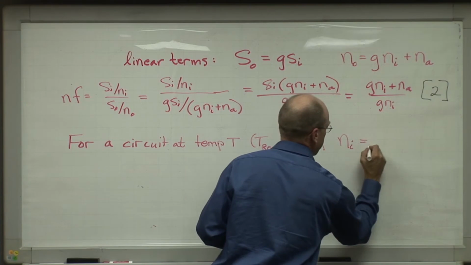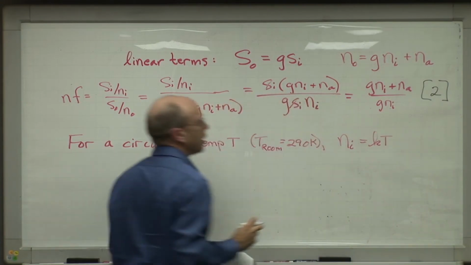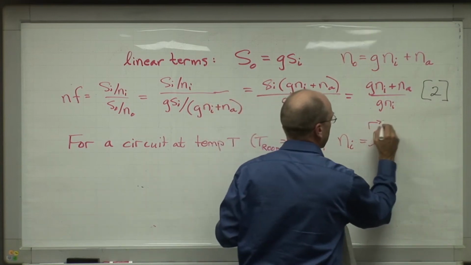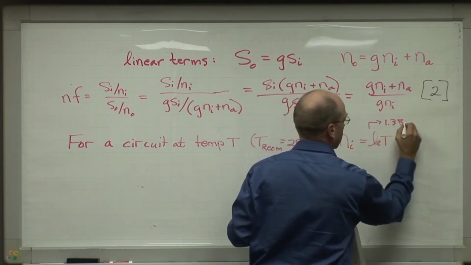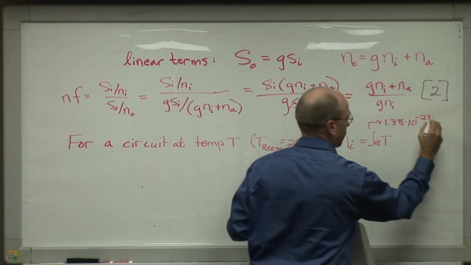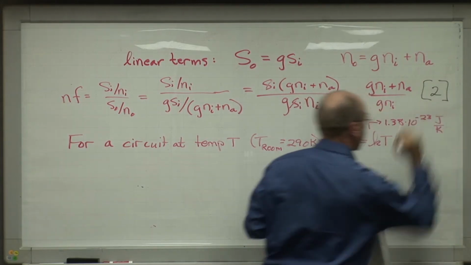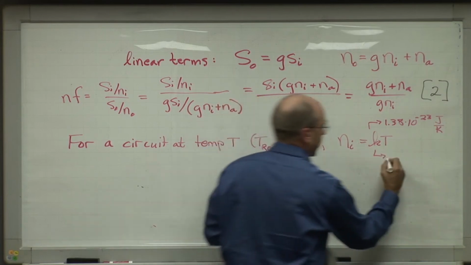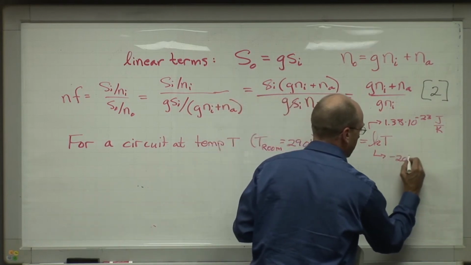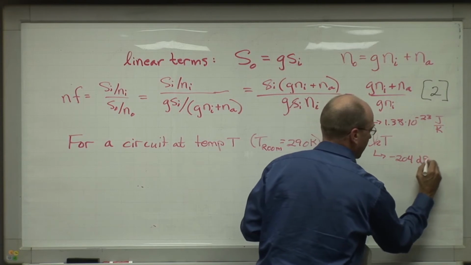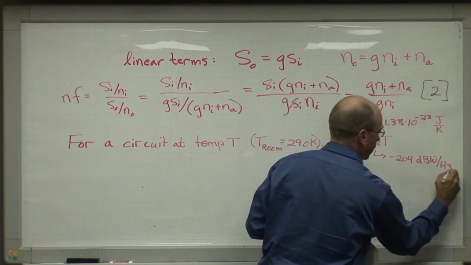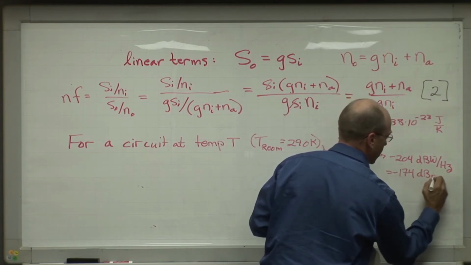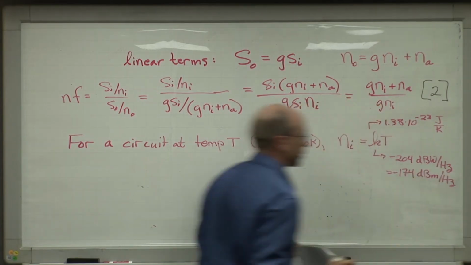The input noise is going to be equal to kT. That's the energy density per hertz. Remember that k is equal to 1.38 times 10 to the minus 23 joules per Kelvin. Another way of writing kT is that this quantity is minus 204 decibels relative to a watt per hertz, which is equal to minus 174 dBm per hertz.